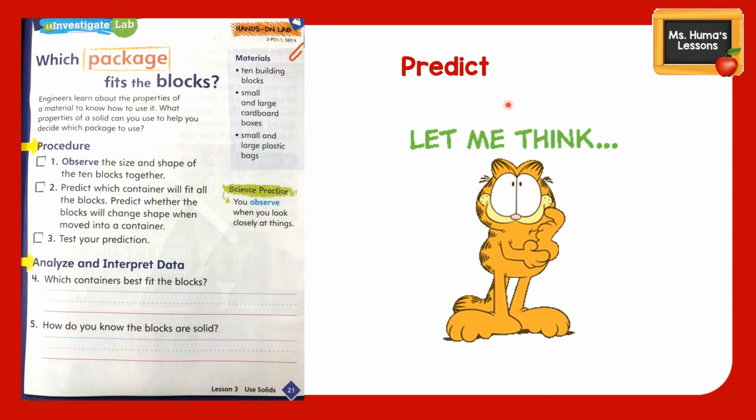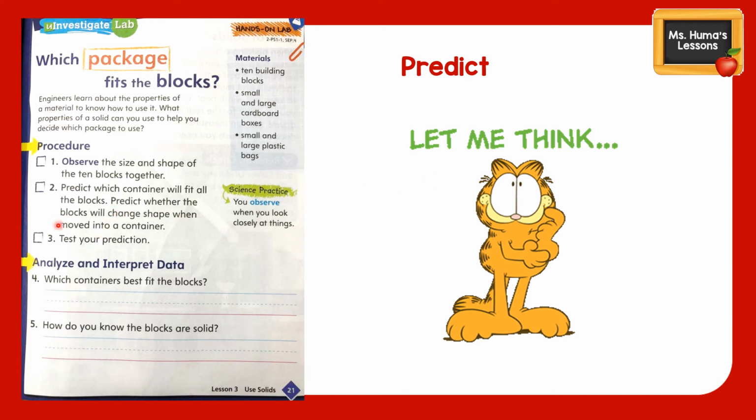So when we are making a decision beforehand, and still we haven't actually tested it, this is called to predict. Let's see, they are saying predict which container will fit all the blocks. That means you have to think before you actually do it, and say, maybe I think this one is the proper box for these blocks.